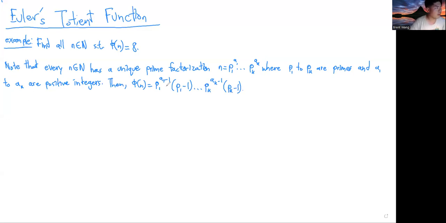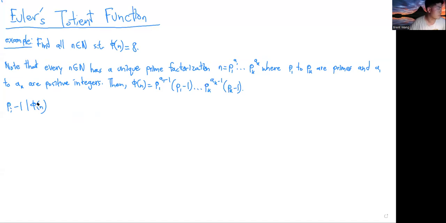Now, it's pretty obvious that pi minus 1 will divide phi of n, right? Because pi, like i could be 1, 2, 3, 4. i is a number between 1 to k. And essentially it divides phi of n, which in this case is equal to 8, because we're finding all natural numbers such that phi of n is equal to 8.